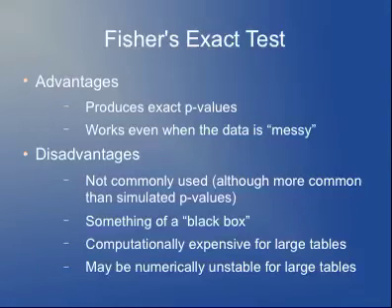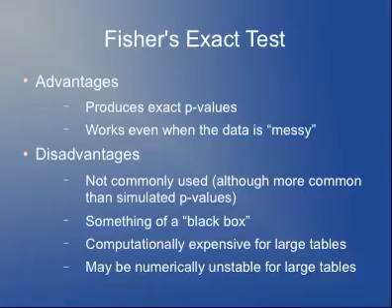Particularly, I found in a lot of genetics papers nowadays, they will use Fisher's exact test because if you're looking at potentially thousands or millions of genetic markers, your chi-square test assumptions are likely to be wonky on some of them, and rather than look at a million different markers to make sure that all your assumptions are satisfied, you just use Fisher's exact test and don't worry about it.